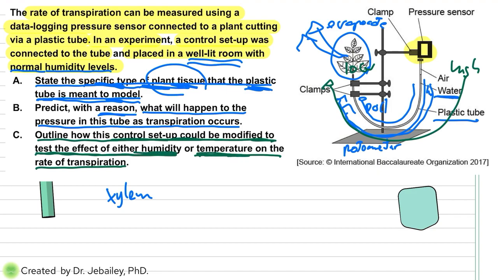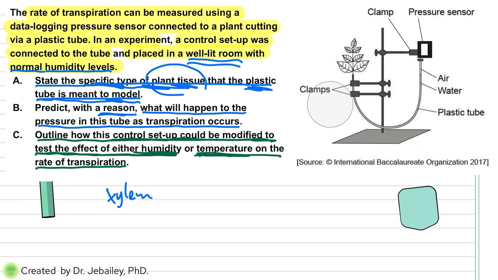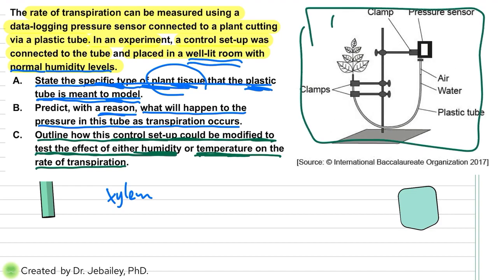So that means I want to use this system right here. Let me clear this. I'm going to use this setup, and I want to test either the temperature or the humidity on it. If it's temperature, what I can do is put a lamp here and with the lamp put a lot of heat, or I can take an AC and increase the temperature.